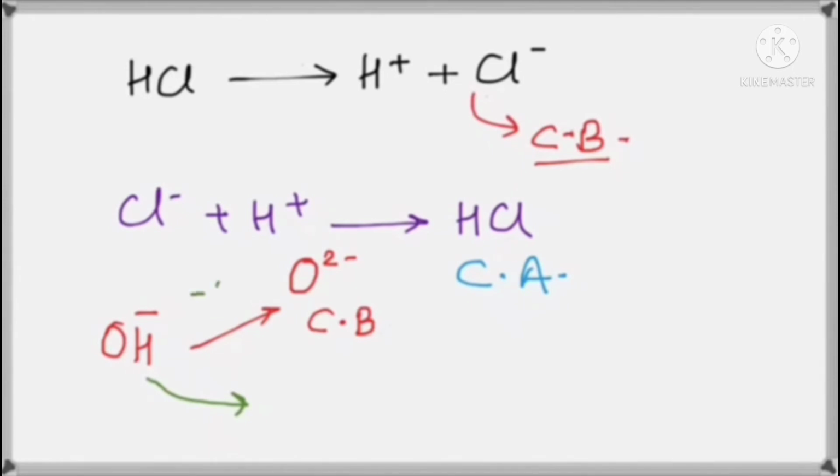So for conjugate base, you subtract an H plus, and for a conjugate acid, you add an H plus, and H plus and OH minus will become H2O. So that is the conjugate acid of OH minus. You can take more examples.